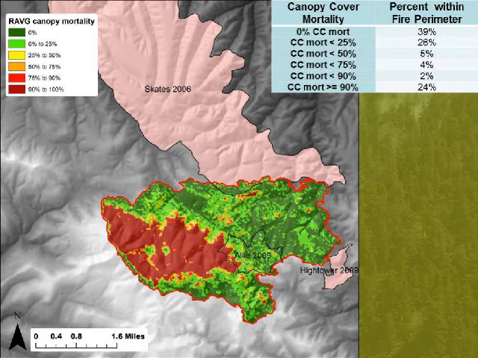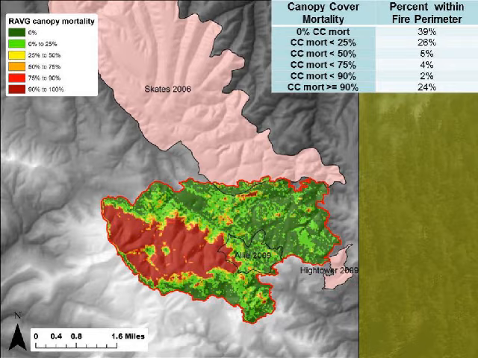So a big run on the first day, causing some pretty severe impacts to the forest resource. And it burned up to and a little bit into the Skates Fire. So again, we're seeing this overlap of fire perimeters as more fires burn through the Southwest.